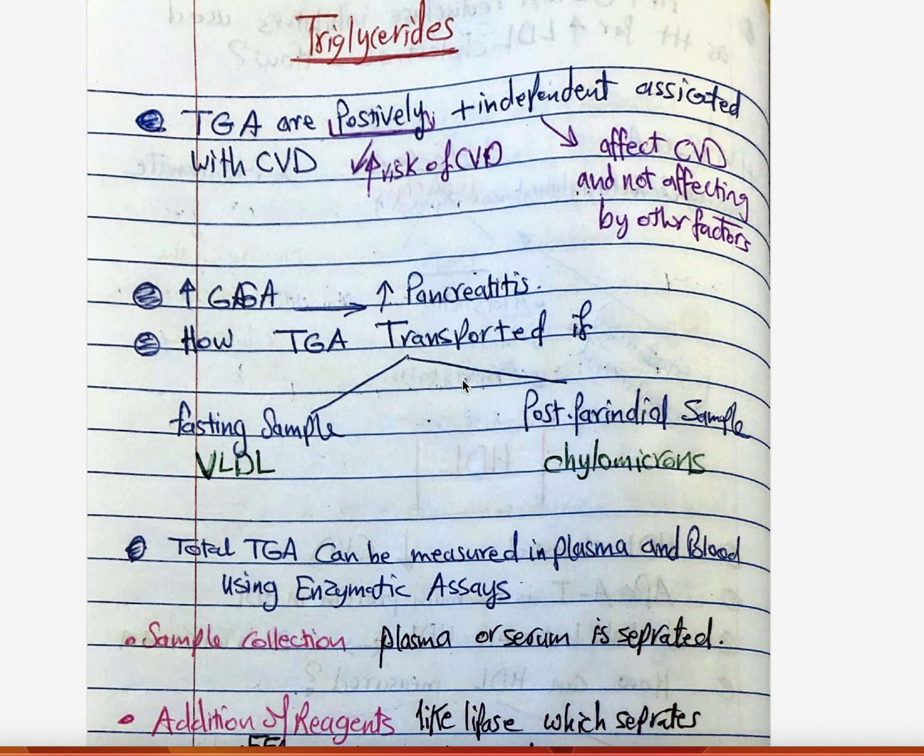It also increases the risk of pancreatitis, and we said that it is transported by very low density lipoproteins, right? But in the case of postprandial chylomicrons, because the chylomicrons transport it from the diet, the total glyceride can be measured in the plasma and the blood using enzyme assays.